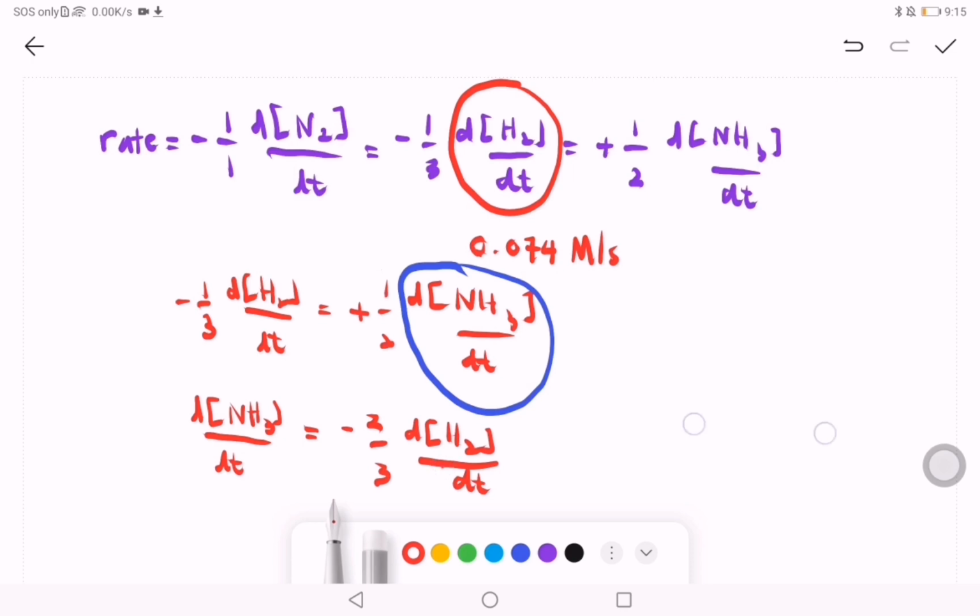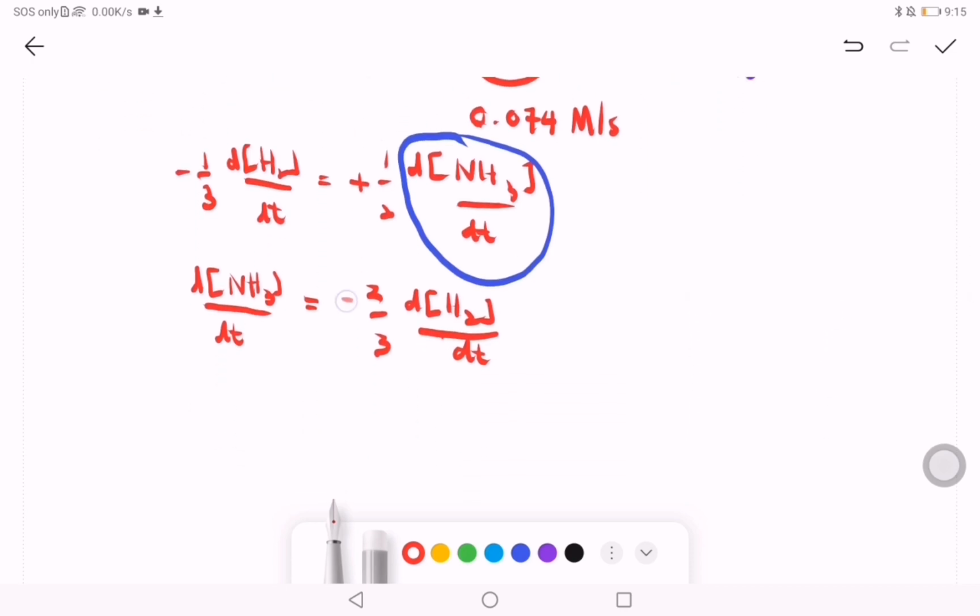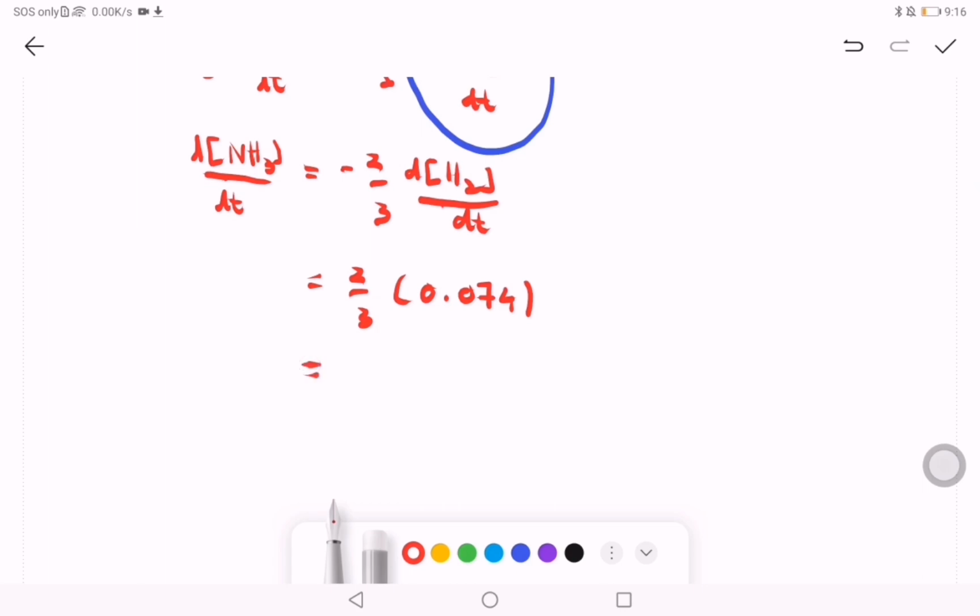Okay, so masa kita nak substitute tu, kita boleh terus abaikan negative sign sebab d[NH3]/dt ni formation, so nilai dia sepatutnya positif. Kita abaikan teruslah negative sign masa kita nak masukkan nilai. So kita akan dapat 0.049 molar per second.